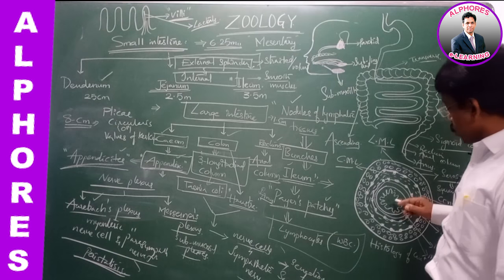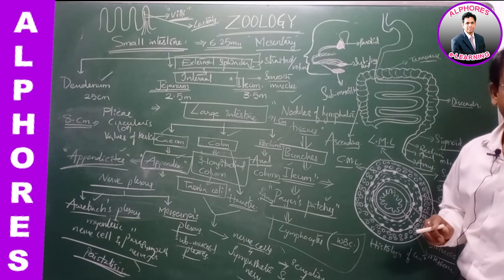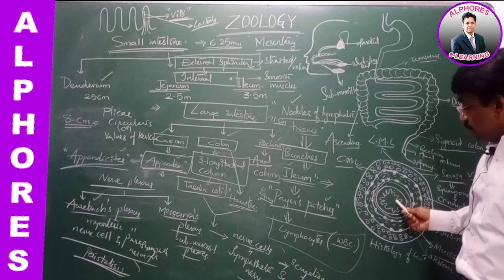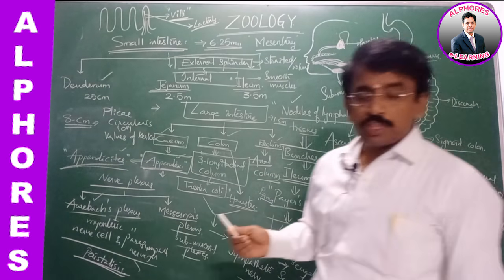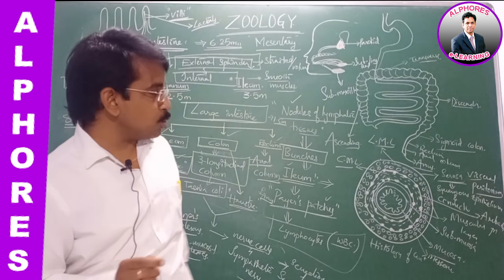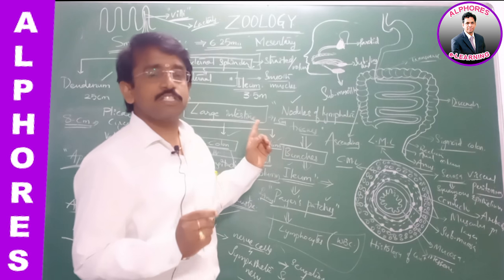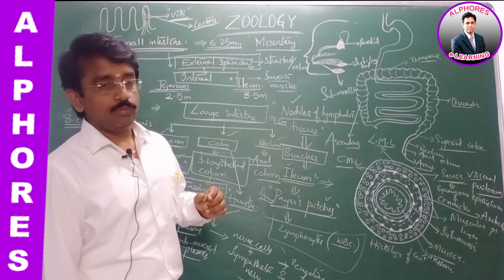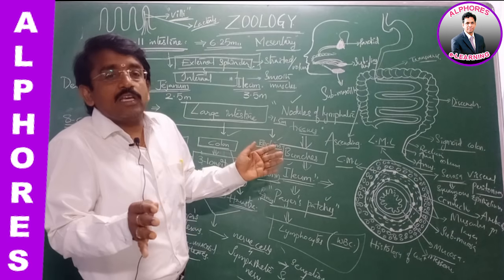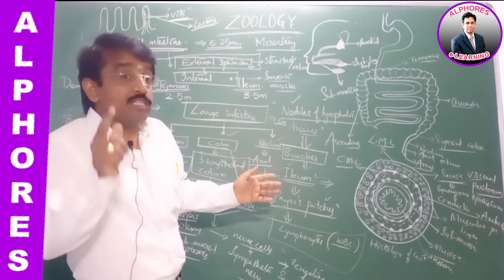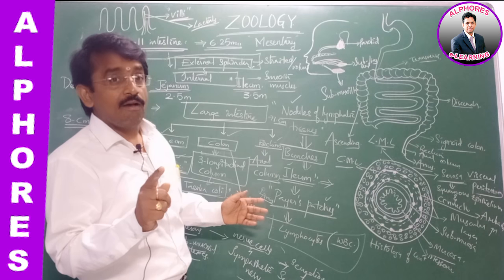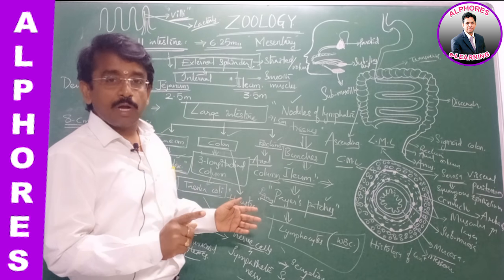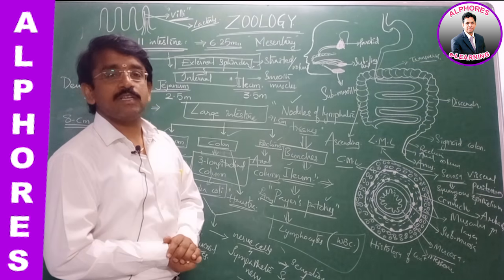The innermost layer is the epithelium, which forms folds in the case of the stomach, named the rugae. Expansion of the stomach is by rugae, which form in the stomach region from the mucosa itself.